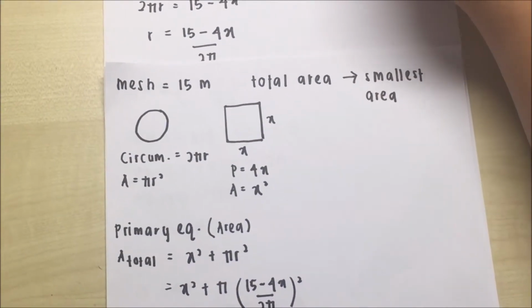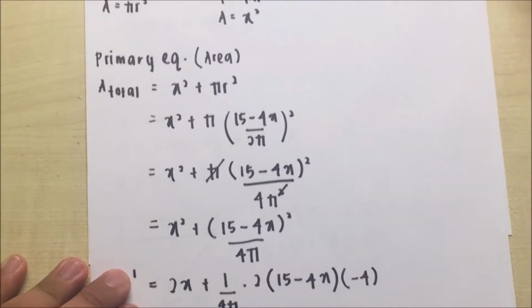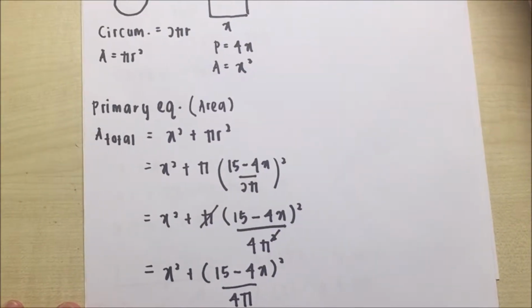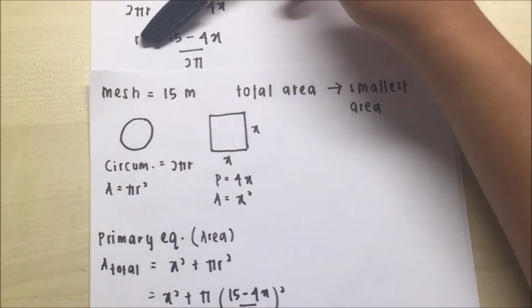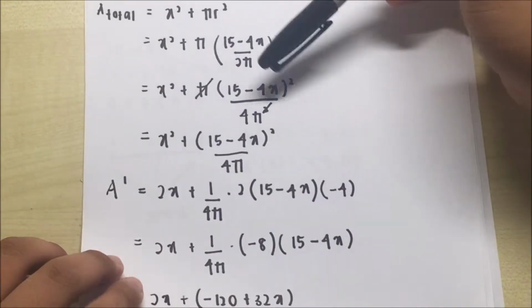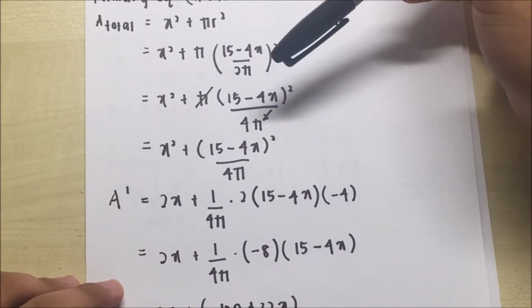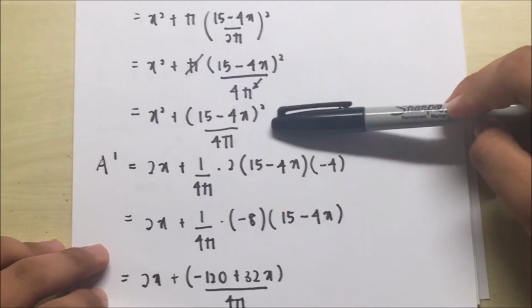The circumference total is 4x, we get the perimeter from the square, and 2 pi r is the circumference from the circle. So we make r the subject, and then we get this equation. We substitute into our total area equation, and then we get this equation.